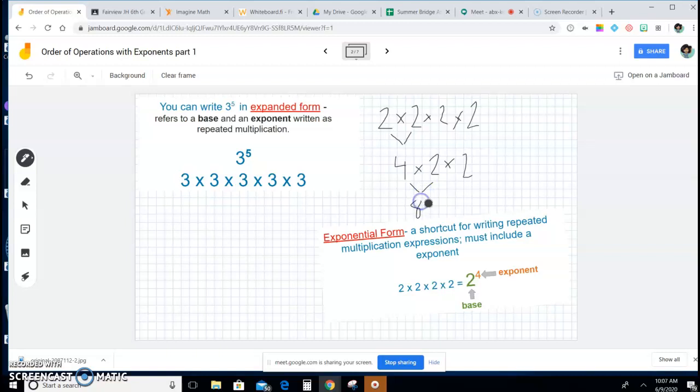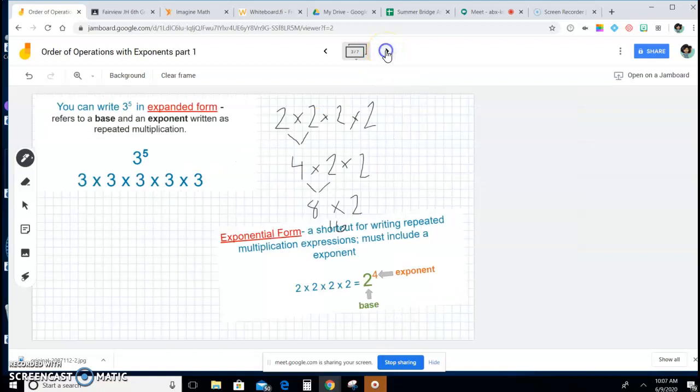And then I'm going to multiply 8 times 2, and 8 times 2 is going to give me 16. So the answer to 2 to the 4th power is 16. So it's important that you multiply each one of those numbers together and that you just continue to multiply. Again, it's multiplication of the same factor over and over again.